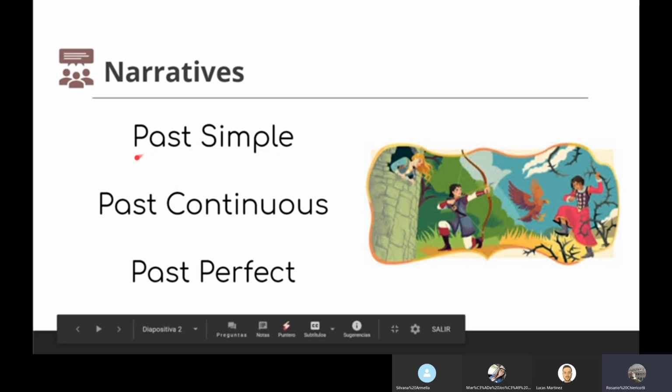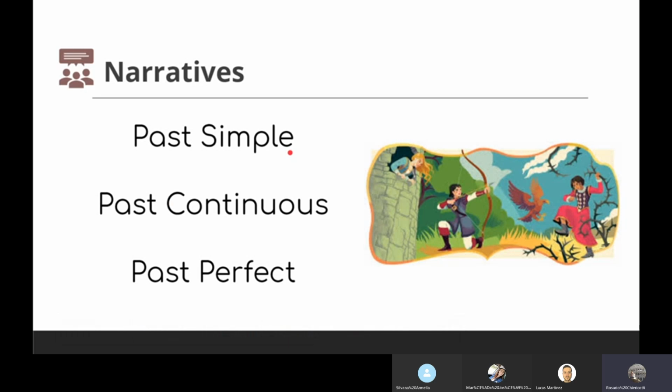We need to use past simple, because if we are retelling something that happened, it was in the past. Past continuous, because sometimes actions in the past last for a period of time, or we need to show that something was happening when suddenly something interrupted that action.